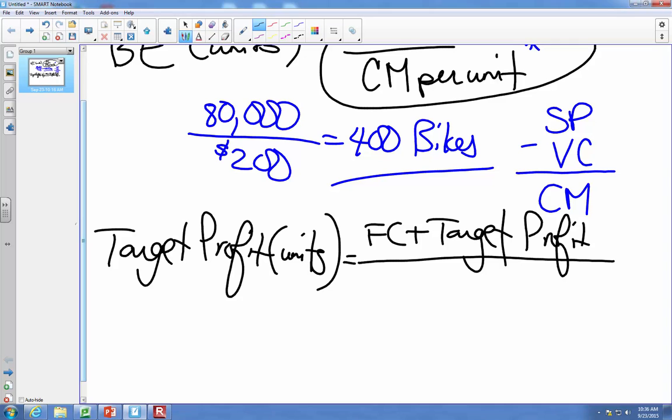What's going to cover my fixed cost plus my target profit? My contribution margin for one bike. And because we're assuming sales price remains constant, cost behavior remains constant, nothing shifts with that $200, does it?